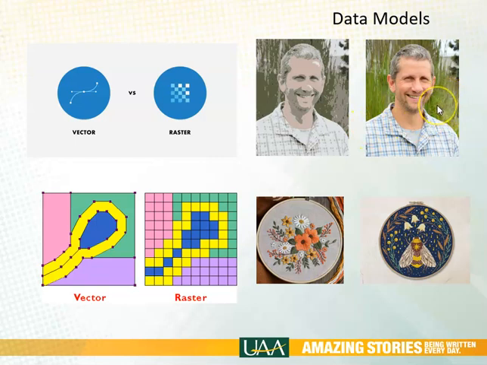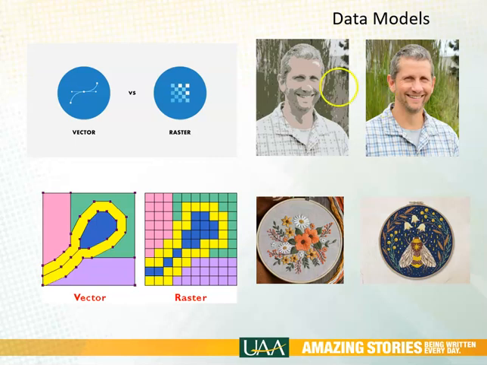On the right-hand side is a raster photograph. All photographs are raster-based if they're digitally based. Things like JPEGs and bitmaps, things that you're used to seeing in the photographic world, are actually tiny little pixels of color information that make a model of what the real world looks like.